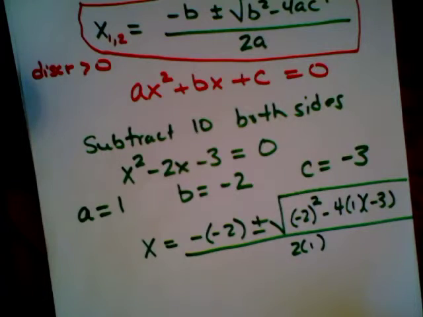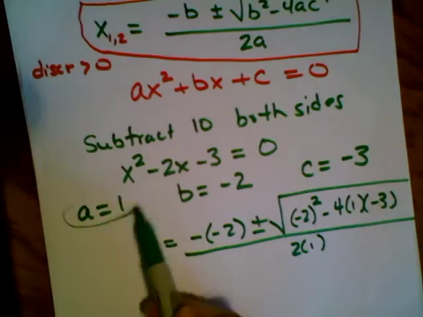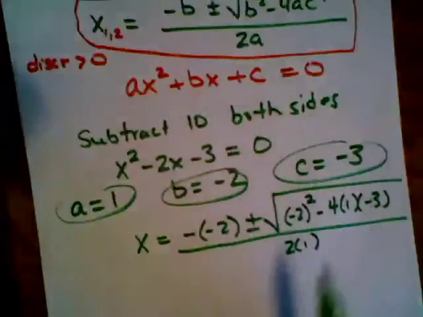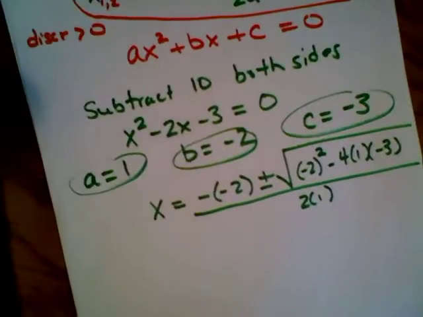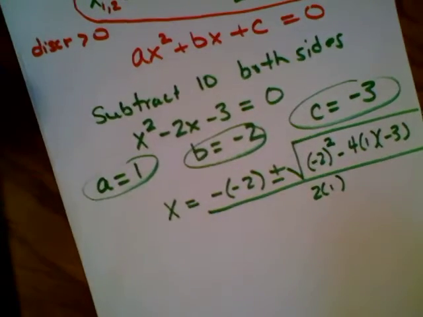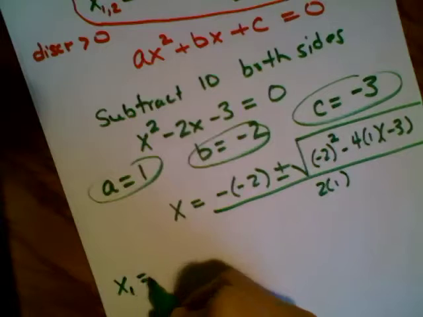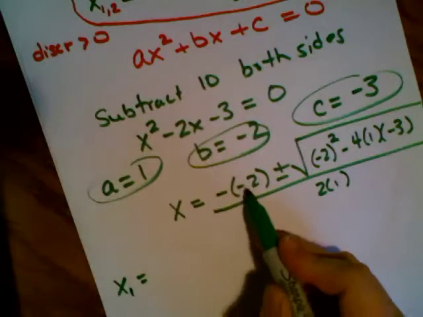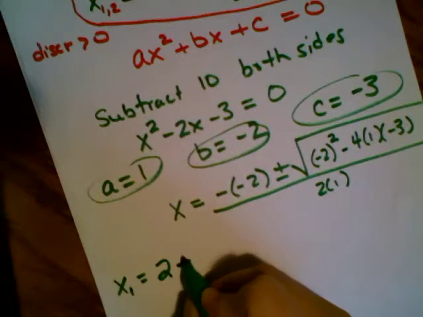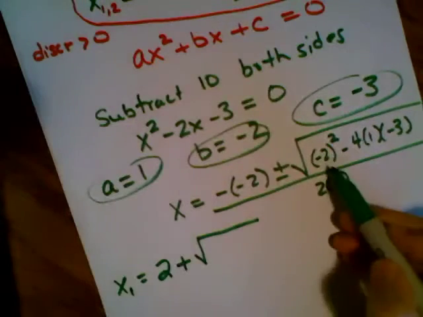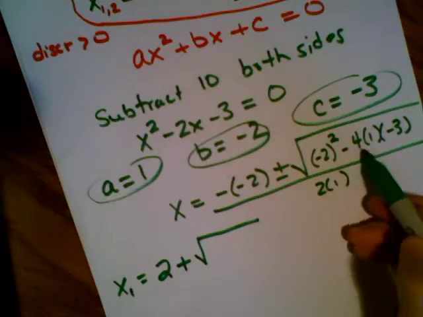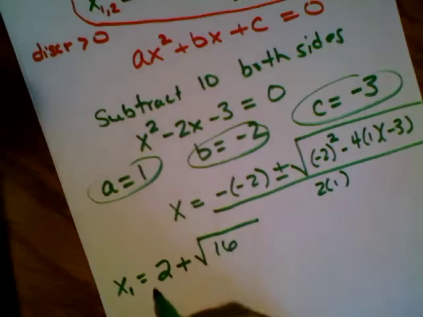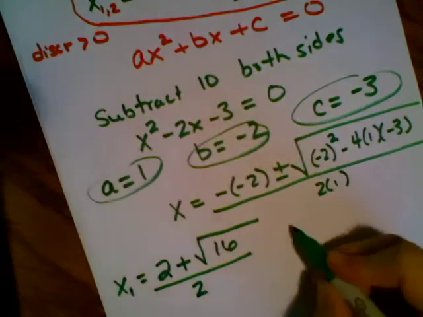Was that what you got after replacing a is 1, b is -2, and c is -3? Okay. So our first solution, we'll take the opposite of -2 and we'll add the square root of 4 plus 12. And we'll divide that result by 2.